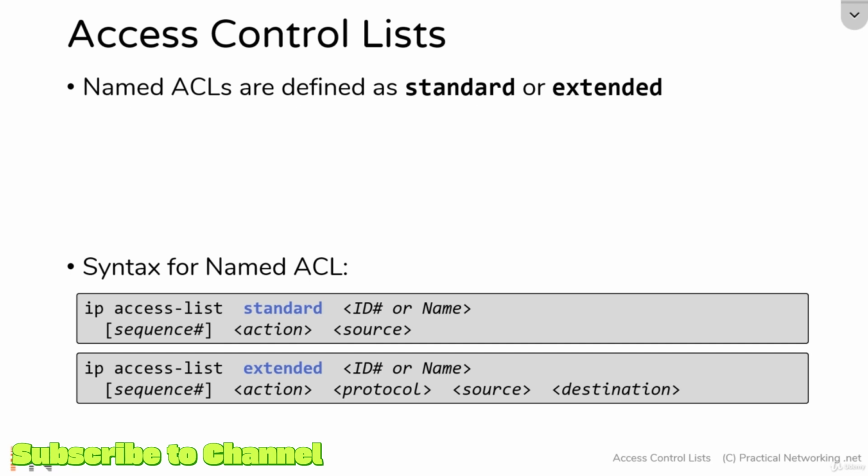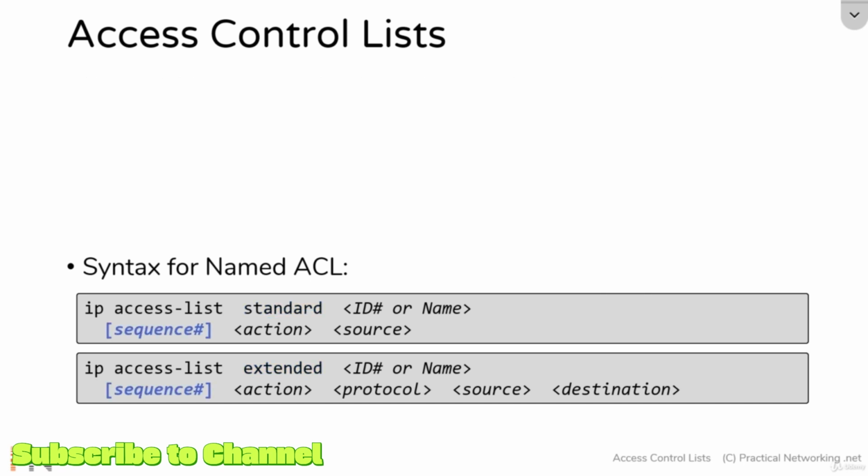But in a named access list, they're not reliant upon the number you choose as the ID number. Remember, in numbered access lists, 1 through 99 is a standard access list and 100 through 199 is an extended access list. Well, that's not the case with named access list syntax. You simply define the ACL as either standard or extended directly in the command itself.